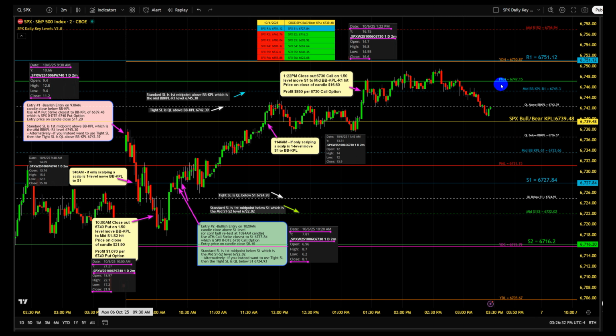Now these are also levels that are very important because they can also act as additional support and resistance, and they're especially important where you see them in confluence with the other key levels, such as here where you have YDH very close to R1, and you'll see here you have YDC very close to S2.